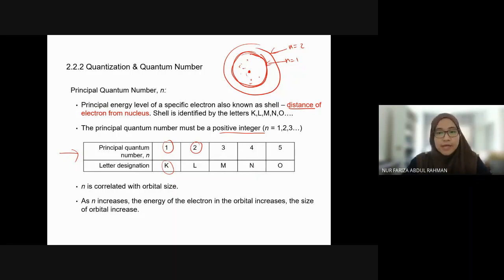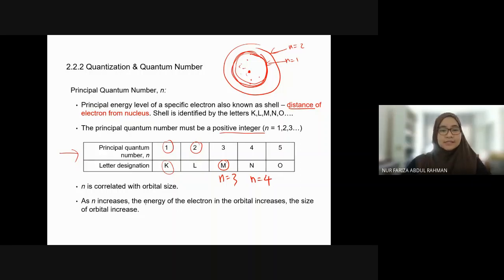That means you should know that n for the N shell is equal to 4. The n for the M shell is 3. You should know it vice versa; don't just know the numbering but not the letters. So n is correlated with the orbital size. Like I said just now, this is the furthest, so this also represents the size of the orbital.